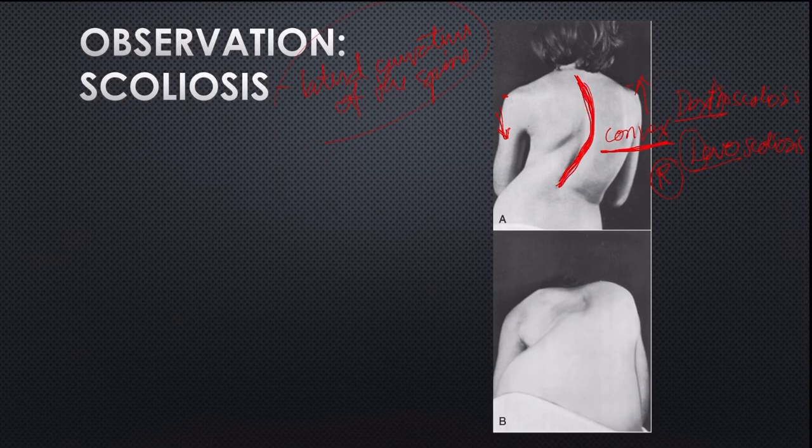However, the hip is opposite. If there's a right shoulder high, the left hip will also be high, and the right hip is low. So that's continuous, right? I'm already giving you a heads up for the lumbar spine if there is scoliosis.